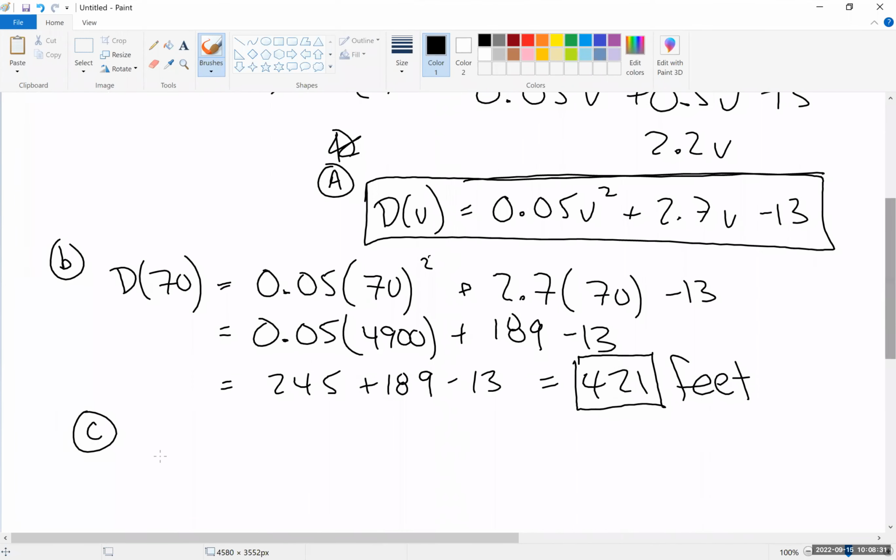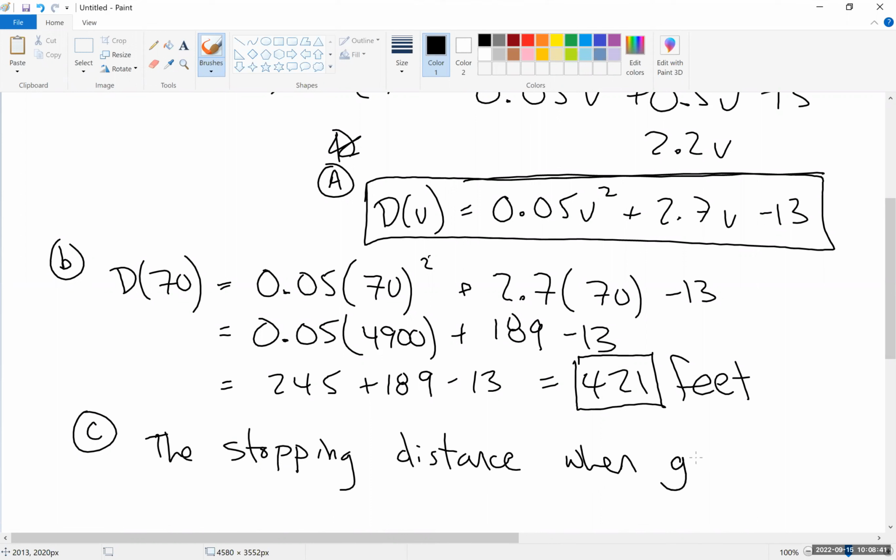And we would say the stopping distance when going 70 miles per hour is 421 feet. It's going to take us 421 feet to stop our car when we're going 70 miles per hour, or maybe not our car, but this specific car or vehicle.